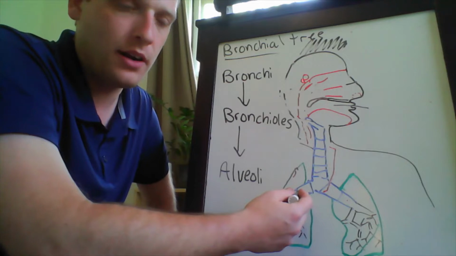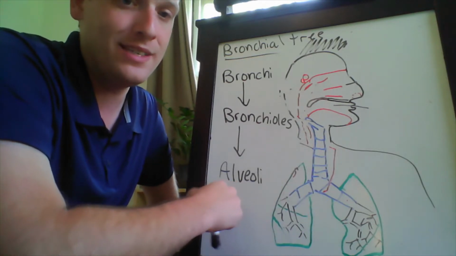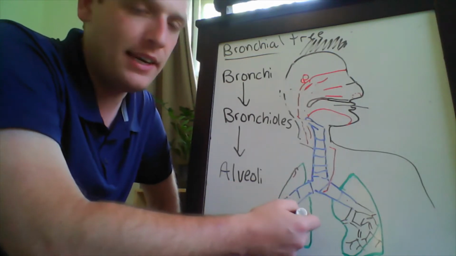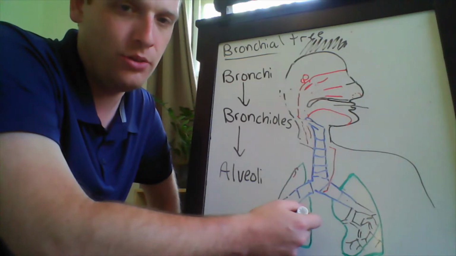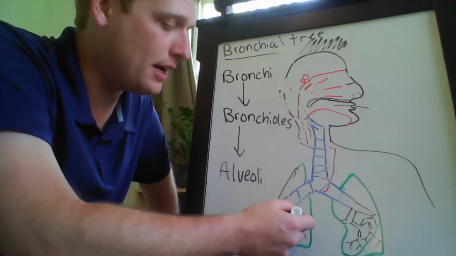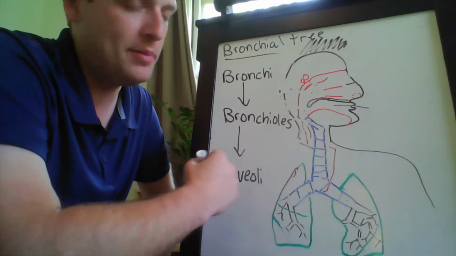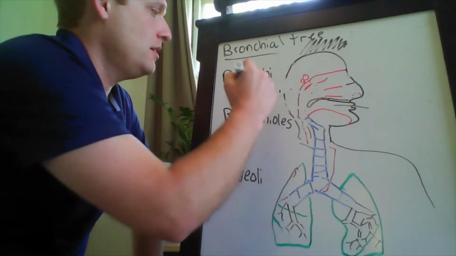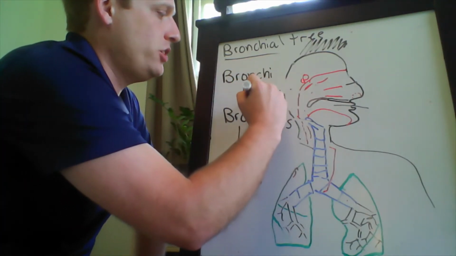The primary bronchi are going to branch off into secondary bronchi. The secondary bronchi are going to branch off into what are called tertiary bronchi. And this happens about 26 times. So about 26 branches.